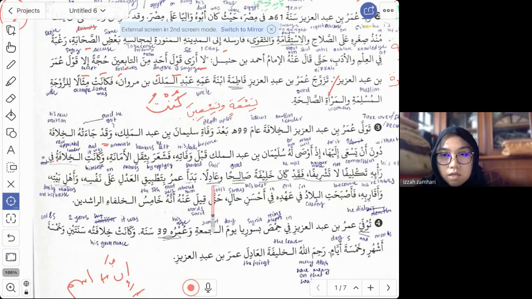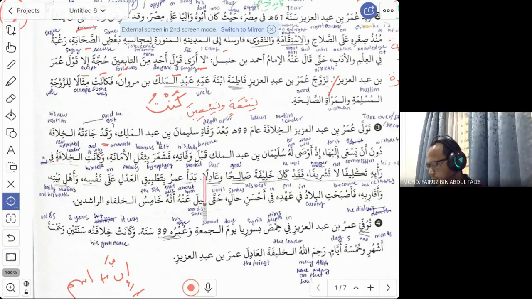So generally, in his opinion, he was a good and a fair Khalifa. Sahih. So again, this word qad is similar to the word indeed. So indeed, and indeed, he was a good and a just Khalifa, or a fair Khalifa.